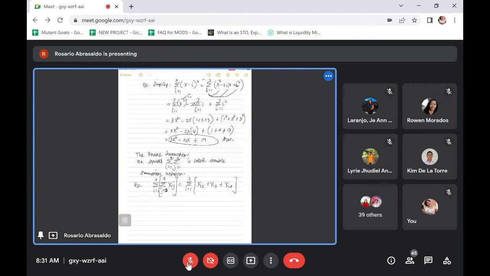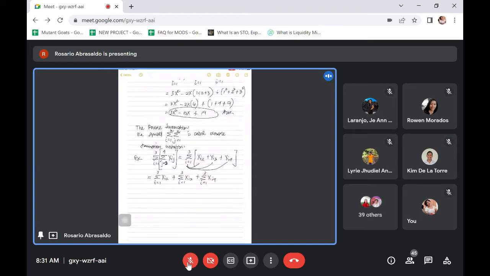So, either we distribute first, use the distributive property. So we have the summation of x sub i 2, where i is from 1 to 3, plus the summation of x sub i 3, where i is from 1 to 3, plus the summation of x sub i 4, 1 to 3.